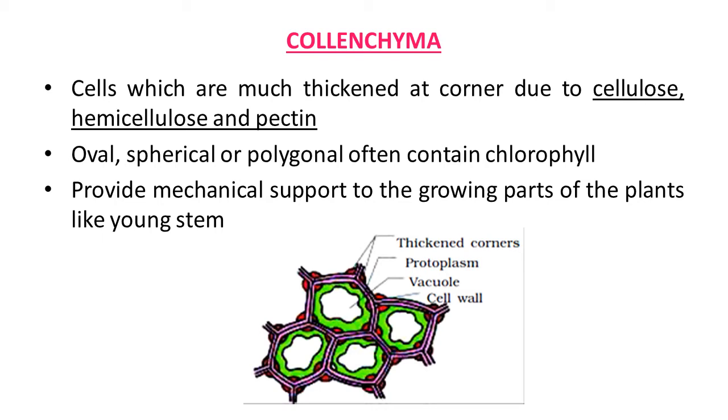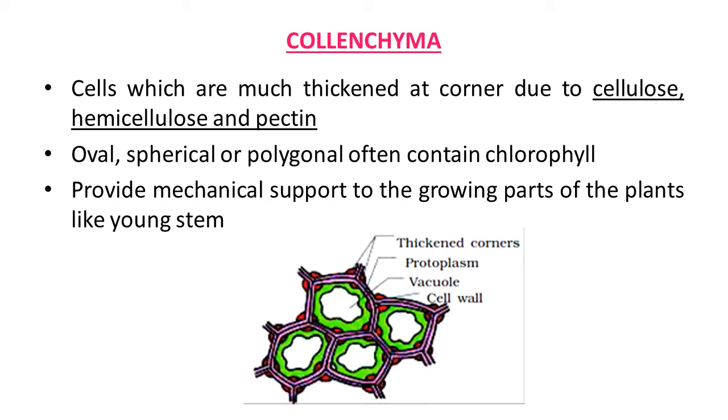Here the shape of the cell may be oval, spherical or polygonal, and it contains chlorophyll. The main function of this tissue in plants is to provide mechanical support to the growing parts of the plant, like the young stem as well as the petiole of the leaf.